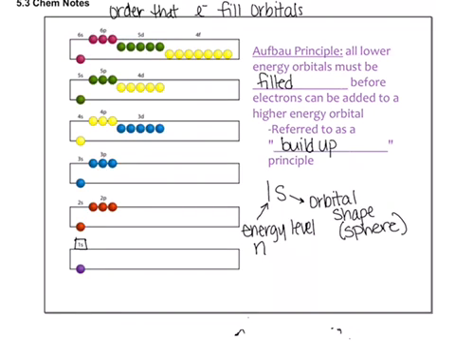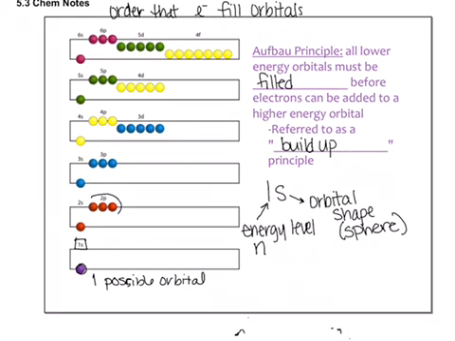So when we talk about Aufbau's principle about filling energy orbitals from the bottom up, we look at this 1s and notice how there's only one circle here. That's representing that there's only one possible orbital. And that makes sense because it is in the S orbitals.